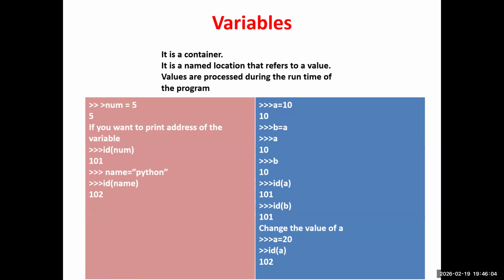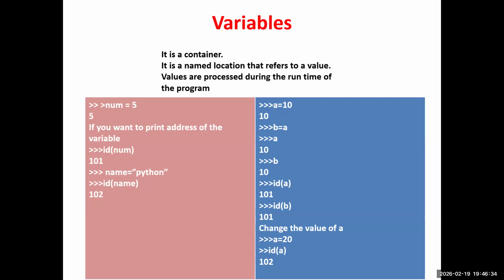If you find out the memory location, id of A, it will assign another memory location for A. In the earlier case, both variable values are the same. But after you change the value of A, the location of A will be different. Okay, so this is a small introduction about variable.